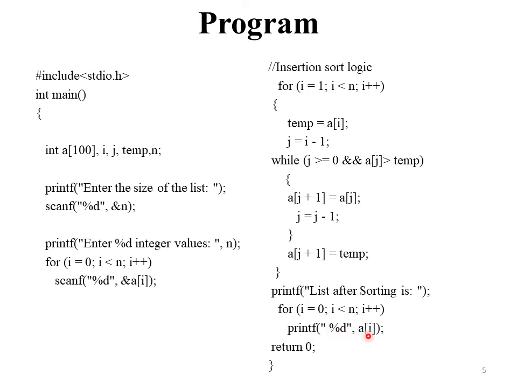Using a of i, we print the array with i from 0 to n minus 1. So here we complete our program.